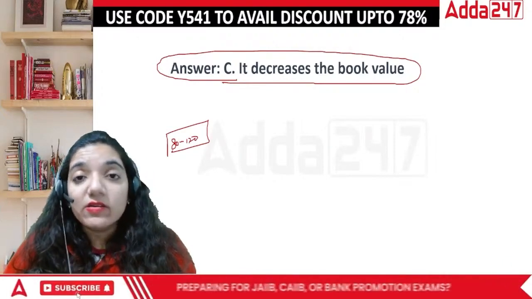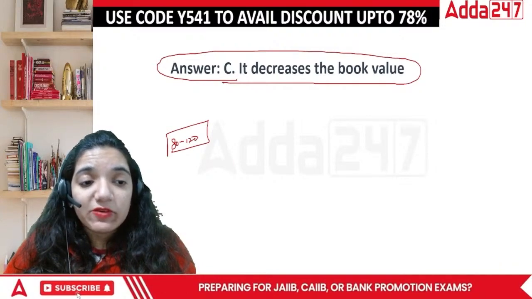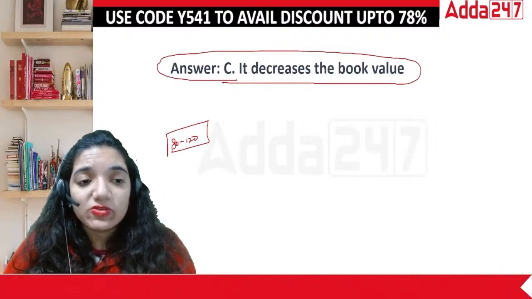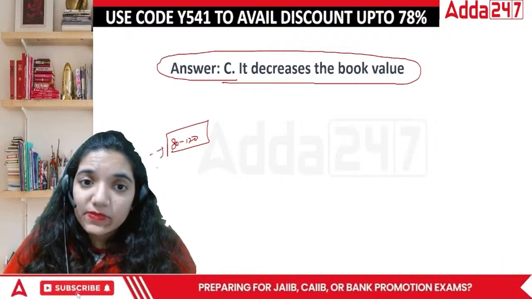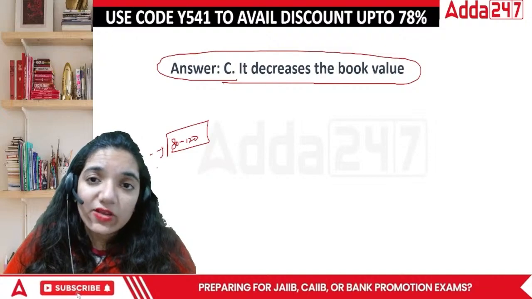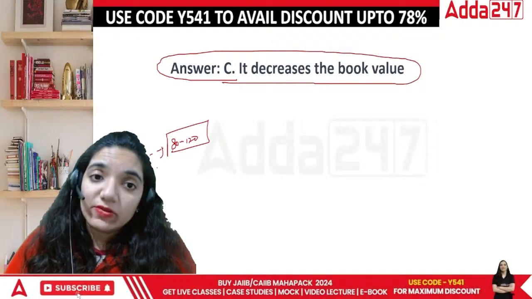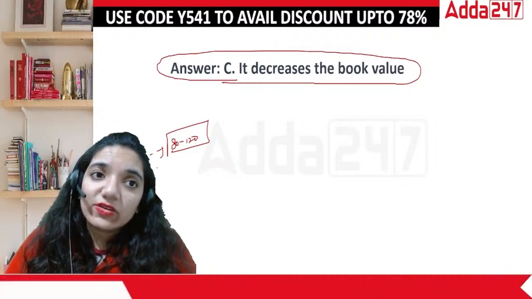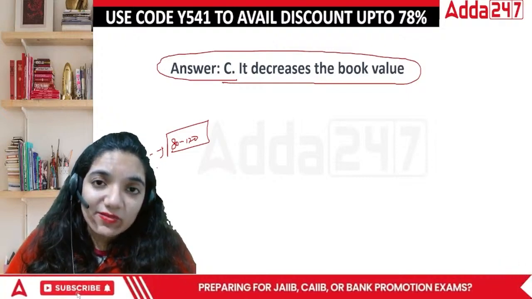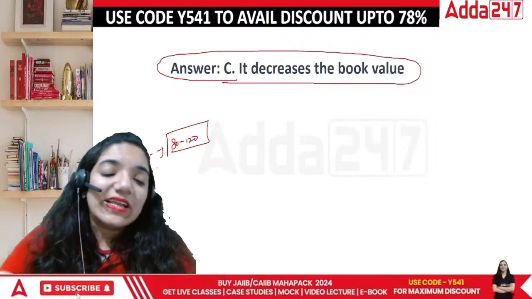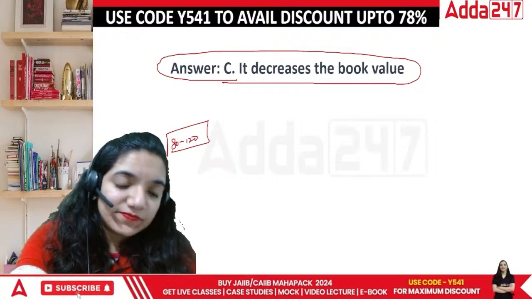So earlier, they were available between 50 to 60, I think probably in 2012 onwards. Right now, the same phone goes up to almost double of it. The book value of things overall gets impacted because of inflation. The value of it is going up, but due to inflation, the value of money is going down. So, in context with the going down of the value of money, we say it decreases the book value.